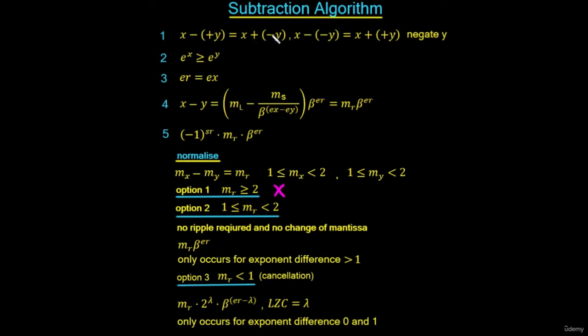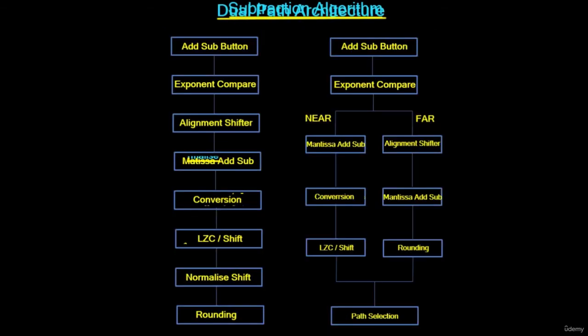So that's the same as x plus minus y. If that button was pressed, then we know that we're going to have to invert the y to become minus y. Again, if the button is pressed and it's a minus y, the minus y will become a plus y. So that's just the negation of the y. Now that happens whether we're doing the addition or the subtraction. So that's going to be our first box.